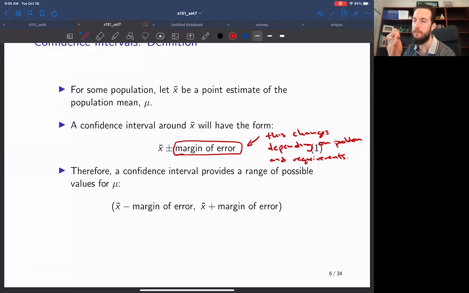So we have a point estimate, and then we just add and subtract what we call the margin of error to that point estimate. And then in the end, we get an interval that looks like this here. So we have our point estimate minus the margin of error and our point estimate plus the margin of error. And that's a confidence interval. It's literally just those two numbers, and it's telling us where we think the true mean might belong.